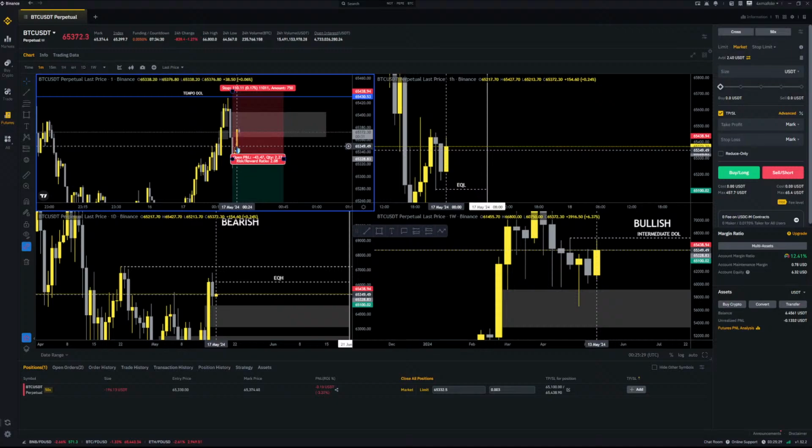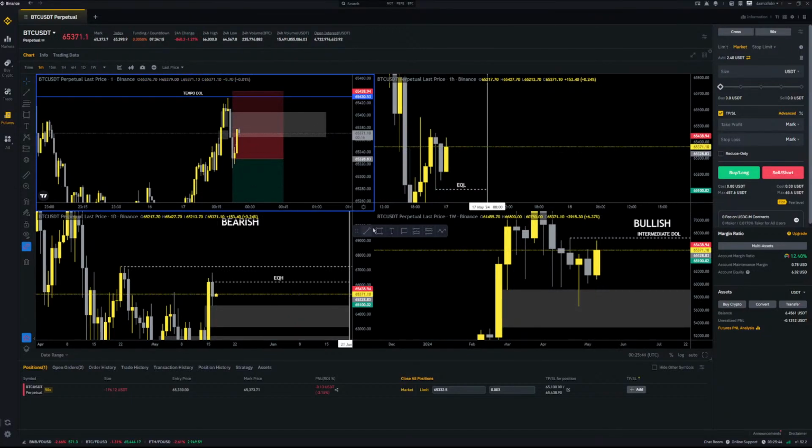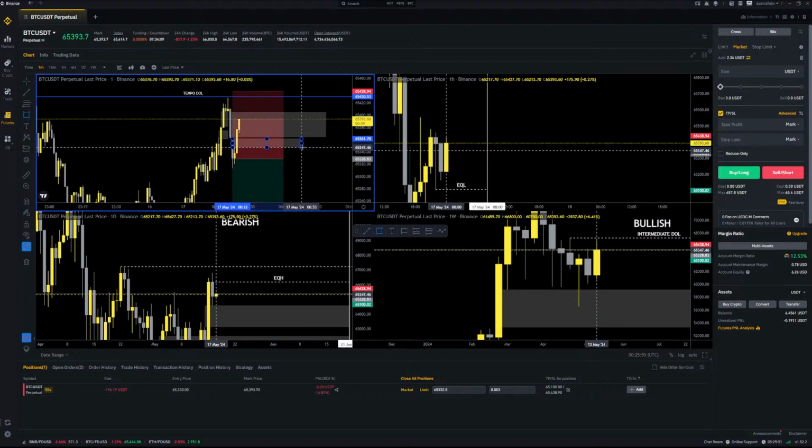If here we create a fair value gap, there's a problem, because we cannot have a sharp turn like here. This fair value gap right here should have held. Means our entry is not correct, and yeah, we're losing some bags right there.